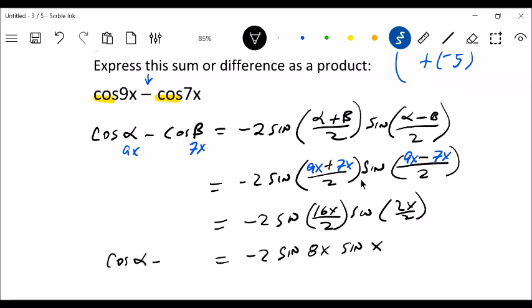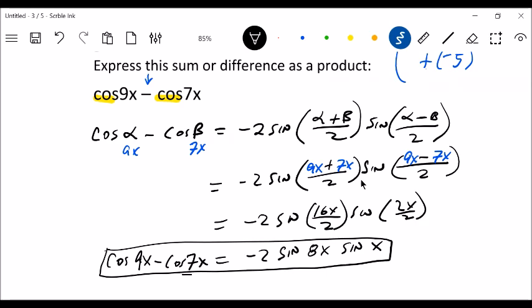So cosine of alpha minus cosine, oh, I didn't mean to put alpha and beta this time. I meant to put cosine 9x minus the cosine of 7x.